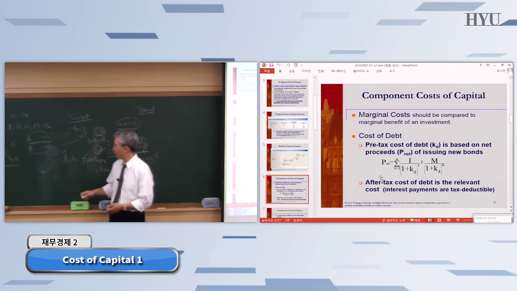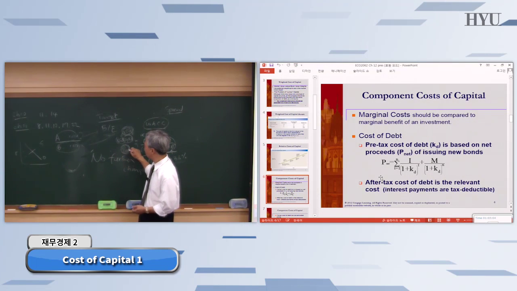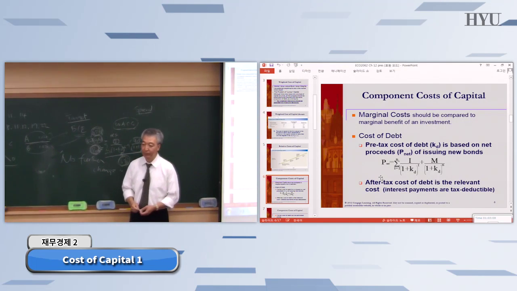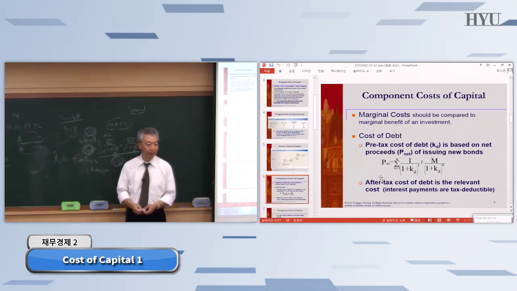Who determines this price? EMV? Oh, NINV? Yeah, you can say they are the similar concept, right?